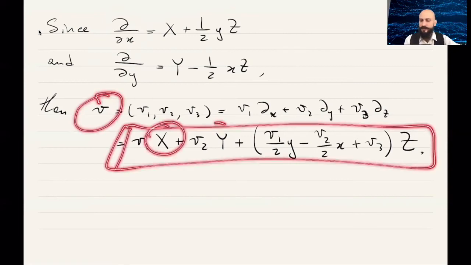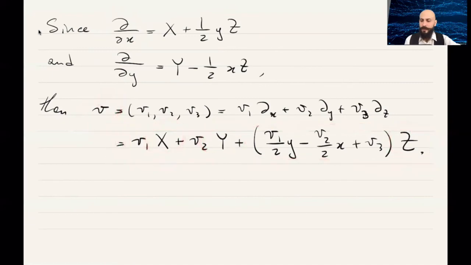So this is another proof that X, Y, and Z are a frame.